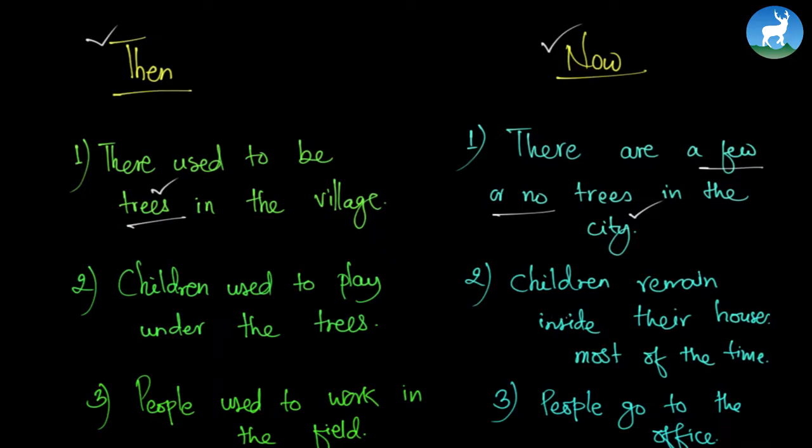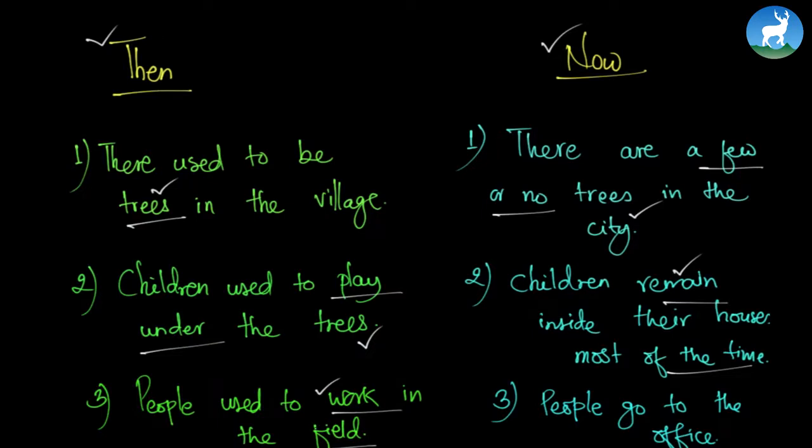Now let's go to 30 years ago. 30 years ago, children used to play under the trees. Now there are no trees, so children remain inside their houses most of the time, playing video games, using their smartphones, laptops, occupying themselves with the digital world. Now 30 years ago, people used to work in the field. They were farmers mostly, so they used to till the earth.